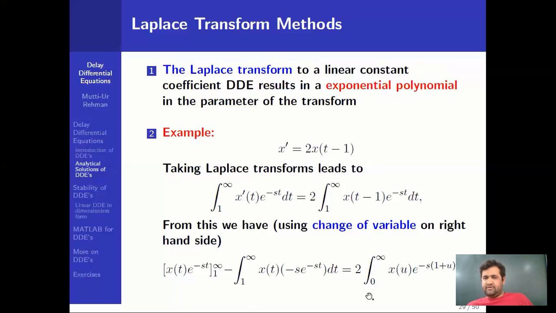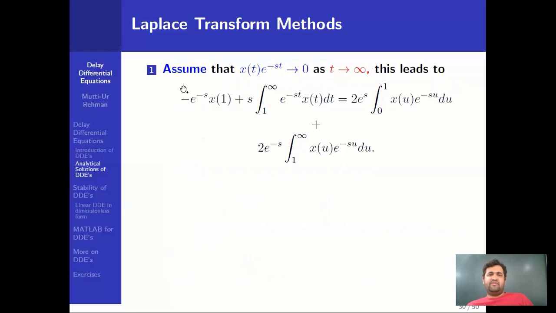Furthermore, I can pay attention to this guy, and I can assume that for large t, this guy has this asymptotic behavior. Then eventually I will get this kind of expression for my equation under consideration.